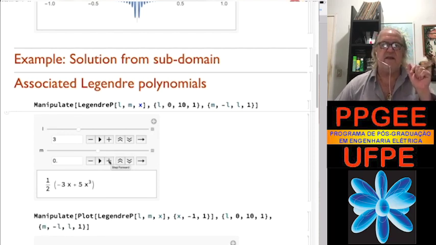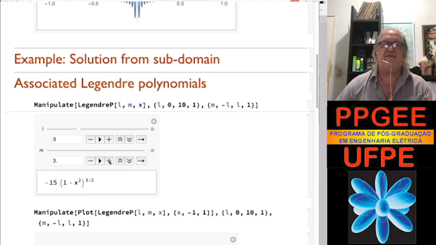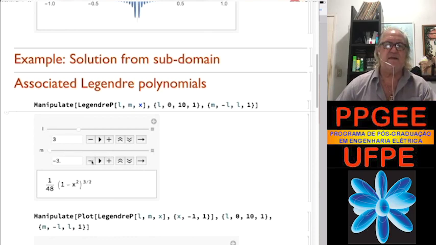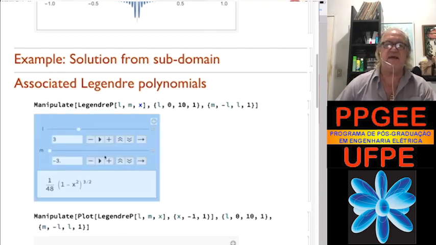1, 2, and 3. So you see that this is minus 15, right? If I go to minus 3, it is 1 over 48. Oh, they are different. I mean, it's just a scale factor here, but the function is the same, okay? It's just a scale factor times the other one.